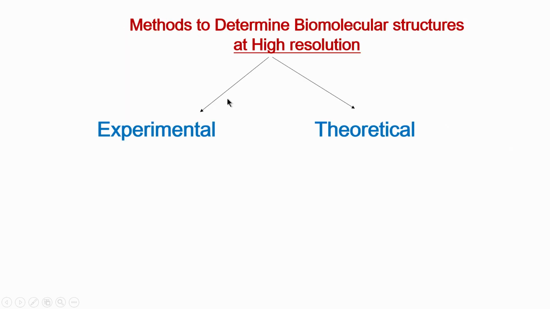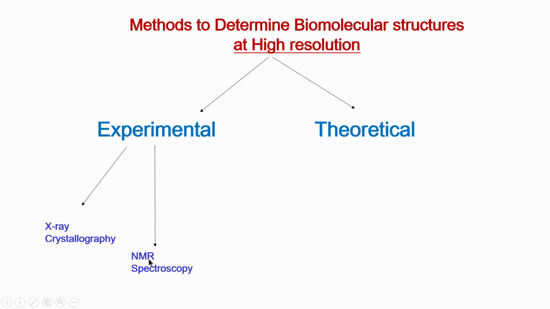So, how do we determine 3D structures of proteins? There are two main categories. One is called the experimental method, or you can use a completely theoretical approach. In experimental approaches, the well known methods are X-ray crystallography, which is a very old technique that is now well established, and a lot of protein structures are now being solved with X-ray.